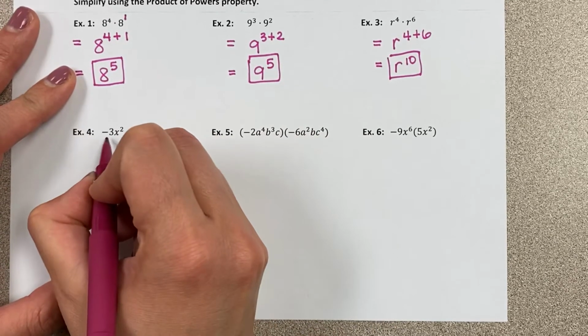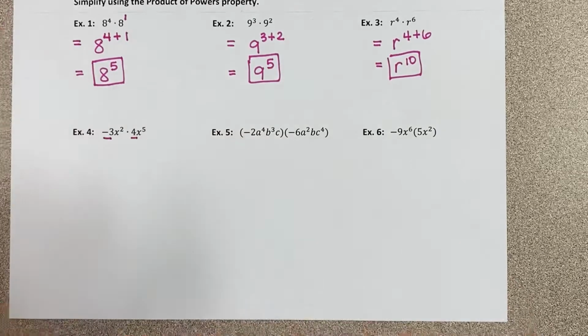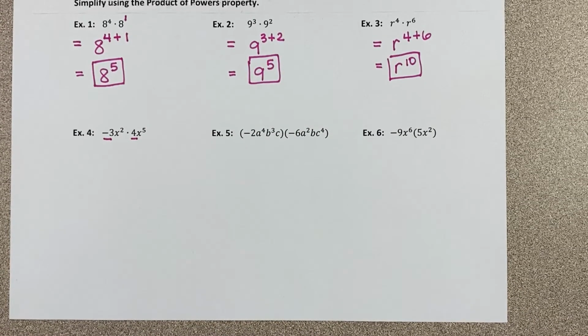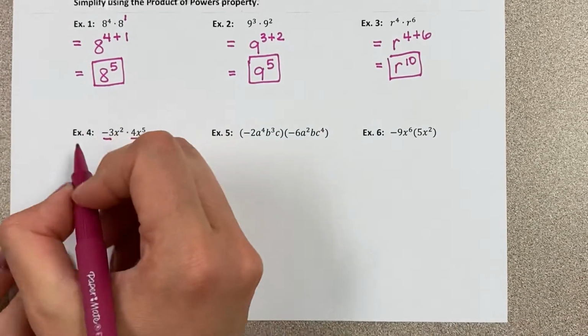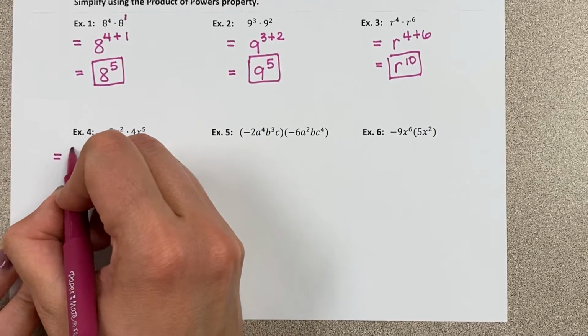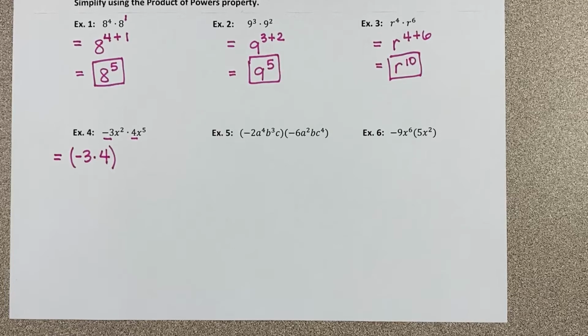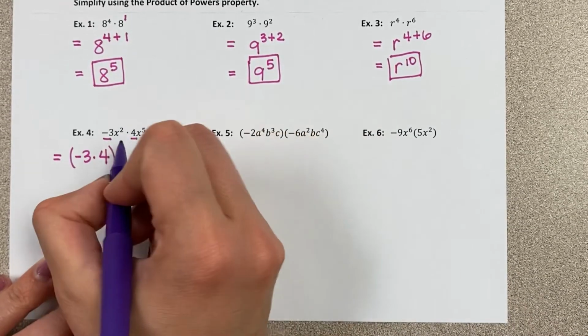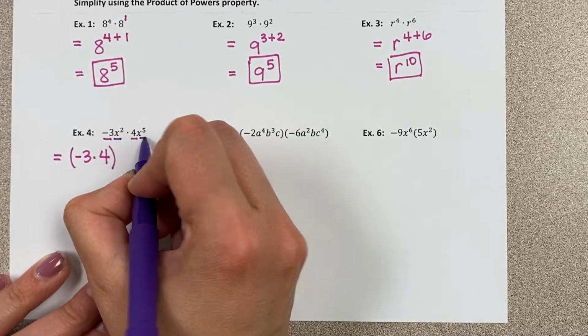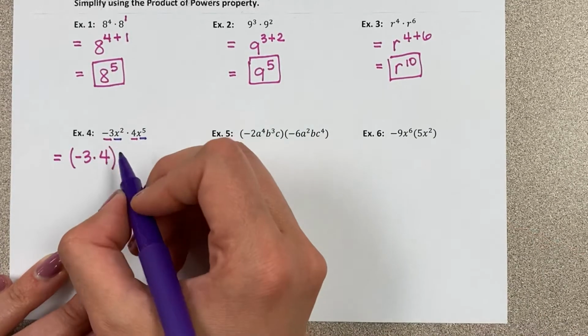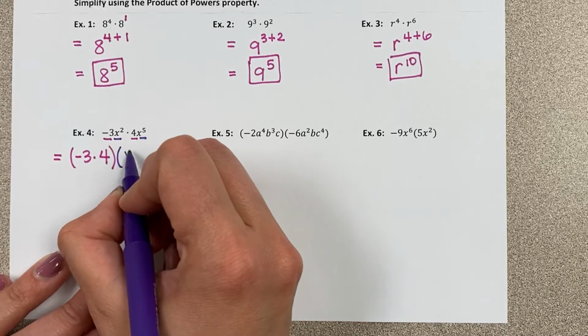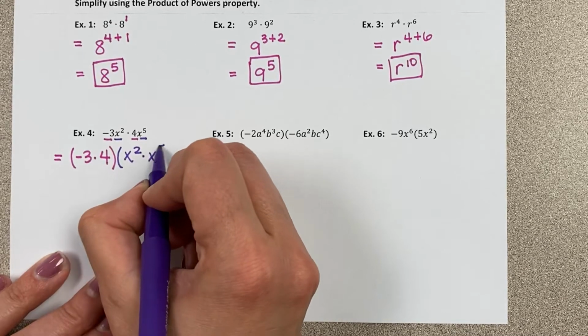So we're going to take that -3 and 4. They're like terms, so they're going to multiply together. I'm going to write -3 times 4. Then we have another like term set: the x squared and x to the fifth go together. So in parentheses, I'm going to put x squared times x to the fifth.